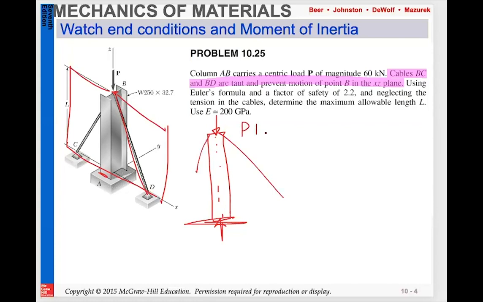So this is a pin, and this is a fixed. And then you need to take the right moment of inertia. So again, this is the X, Z plane. That means we take our moment of inertia about Y.